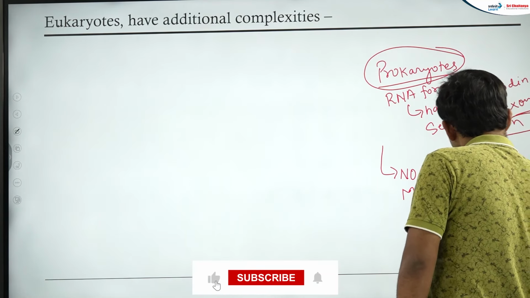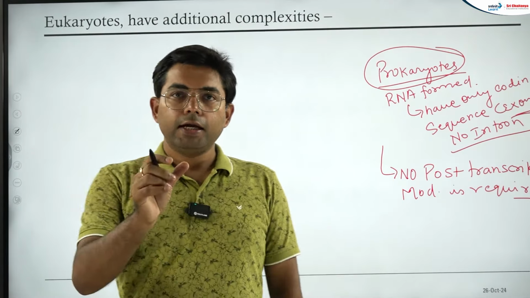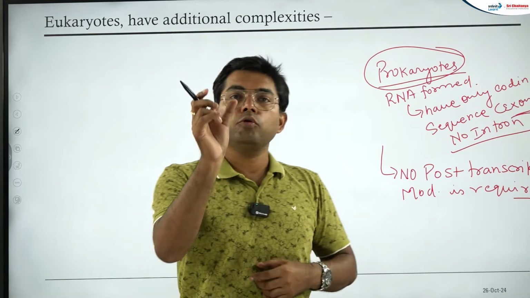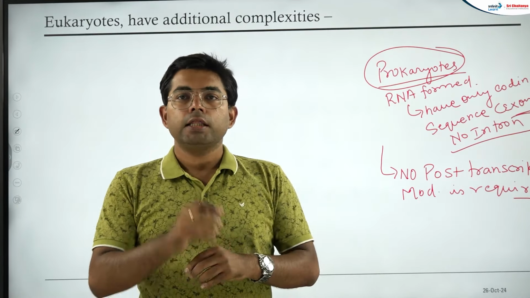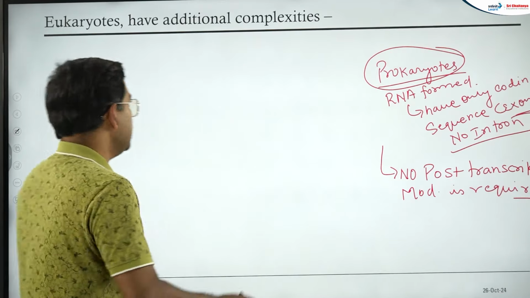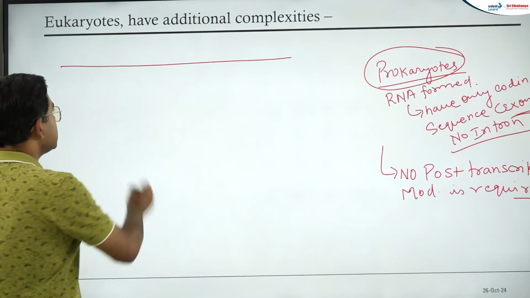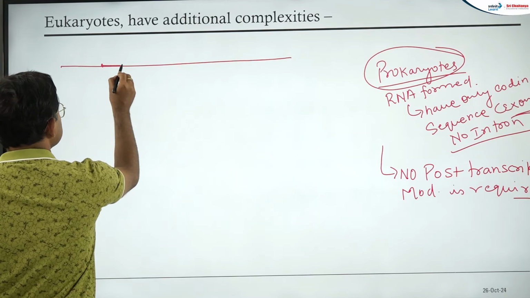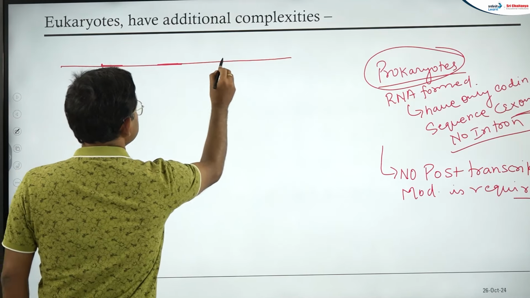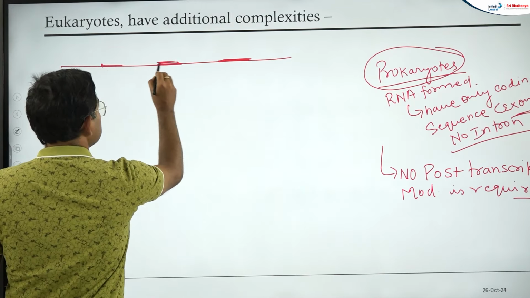Whereas when we go to the eukaryotes, as I said, eukaryotes are monocistronic, which means the coding sequences are interrupted. Let's say this is the sequence, and in between, some sequence will be non-coding, which I am drawing with a broader line.